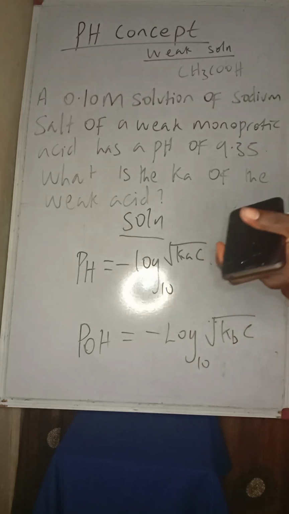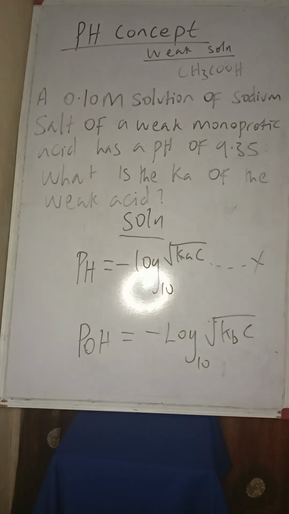It's a monoprotic acid. I'll come and tell you how to solve for diprotic acids also, the formulas to solve them essentially. Please take note: this formula is for a monoprotic weak acid, and this one is for a weak base, that is, a monoacidic weak base.